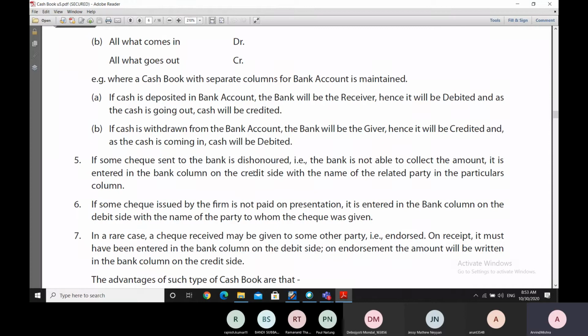We write that check into the cash column, and then we make a contra entry on the other side for the bank column, as if cash was received by us and it was sent to the bank, or as if cash from the cash box was sent to the bank.